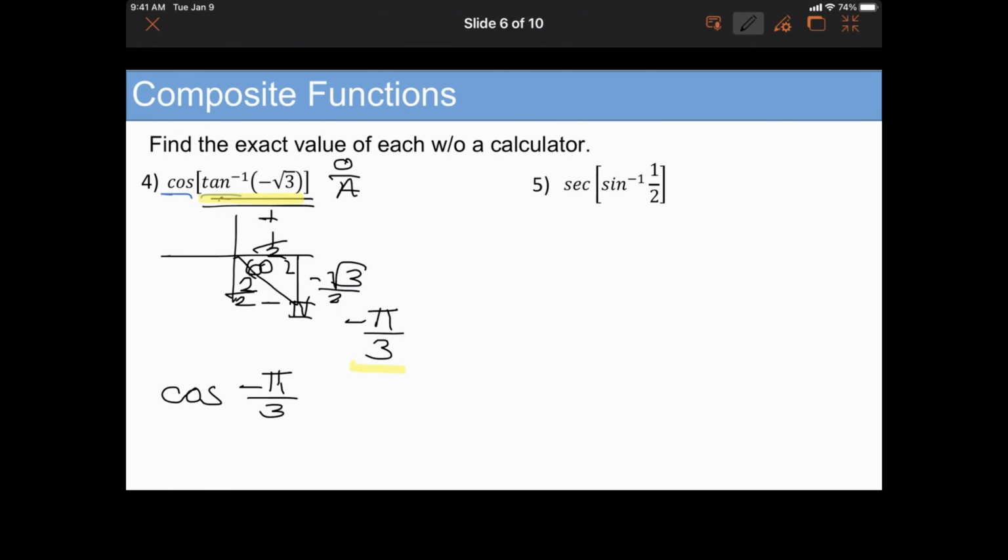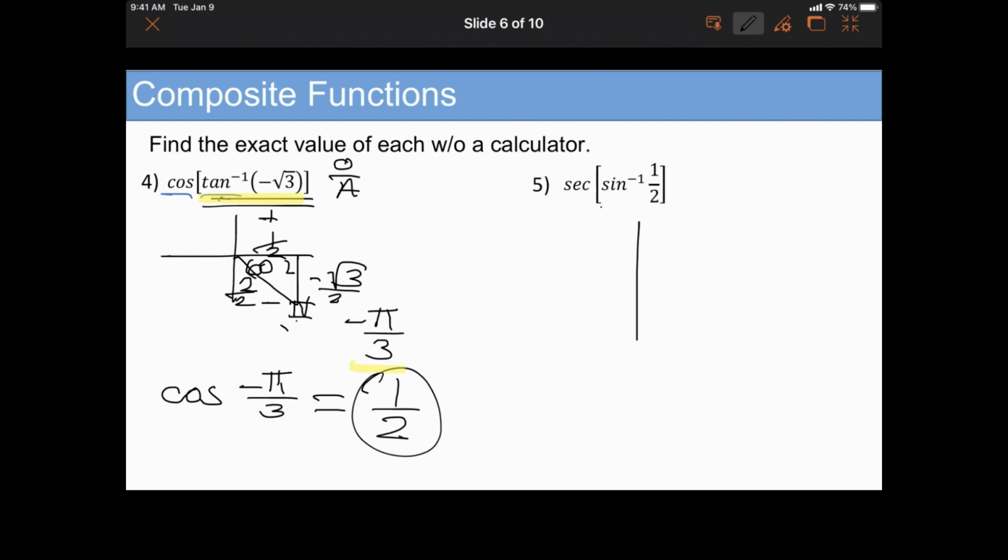So I have negative pi over 3. So I'm not going to redraw it, right? Same picture. So now it says cosine. Well, cosine is adjacent over hypotenuse. So it's half over 1. 2 over 2 is 1. So my answer is half. Oh.